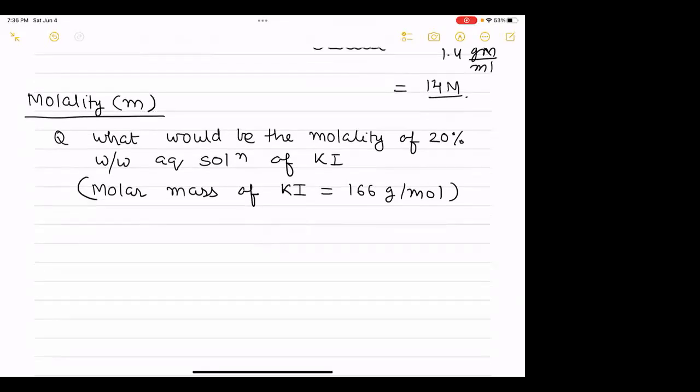I'm giving you the options: 1.08 molal, or will it be 1.48 molal, or will it be 1.51 molal, and the last option 1.35 molal.